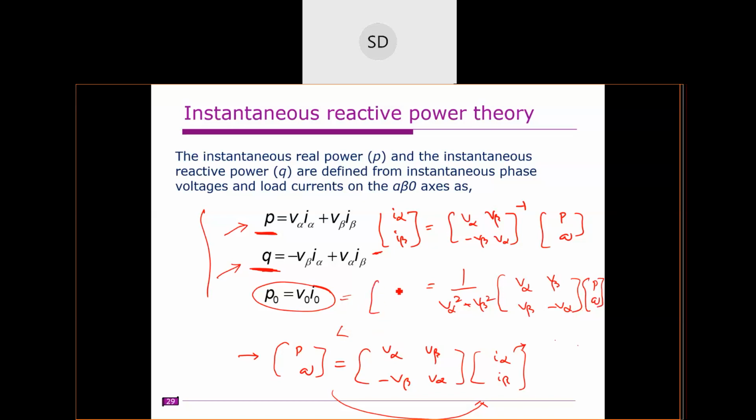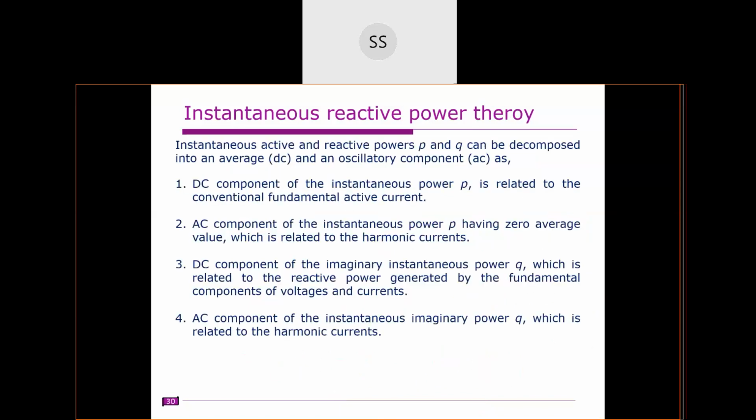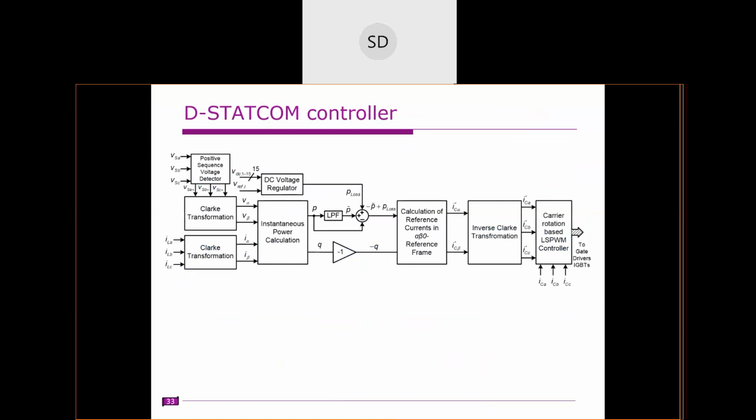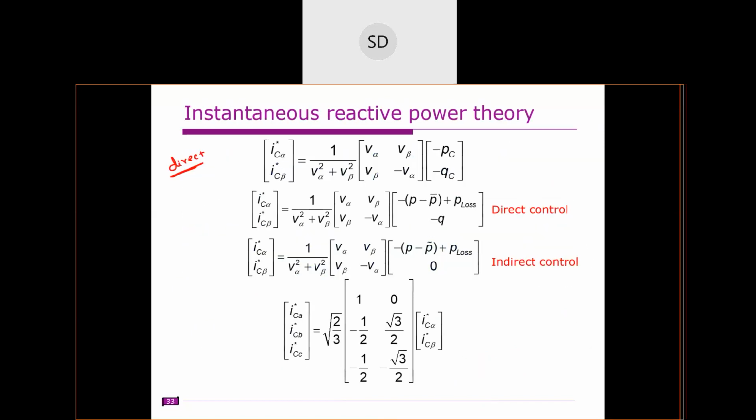Okay, so here you have this I alpha, I beta. Clear? Yes, sir. Sir, I think minus V beta will come. Okay, anyway, we can check it in the next steps. Some slides are there. I remember what you're saying. This one, V alpha, V beta, this is the one I think you will get. Okay. Right.